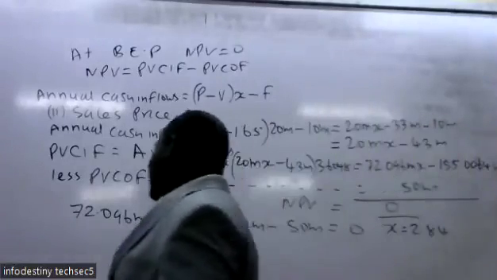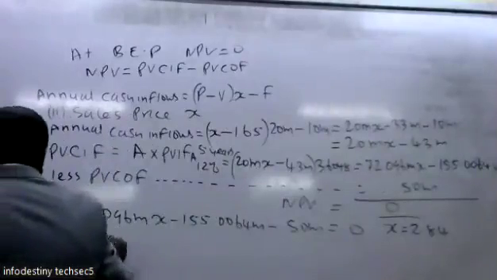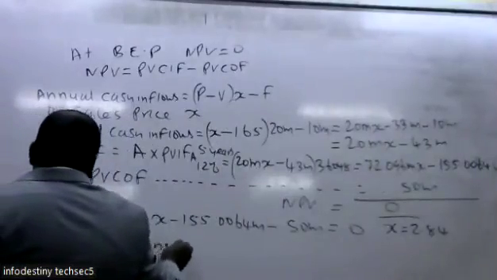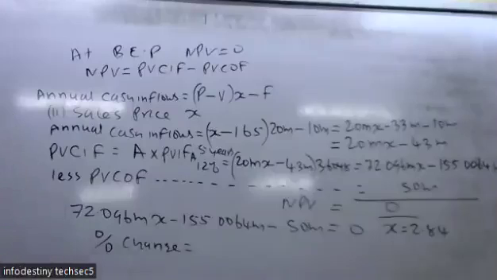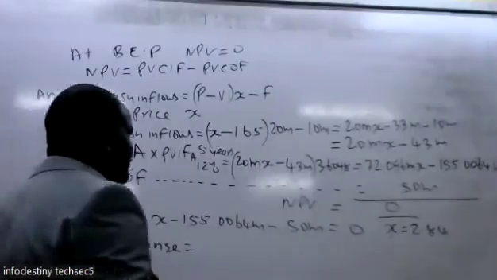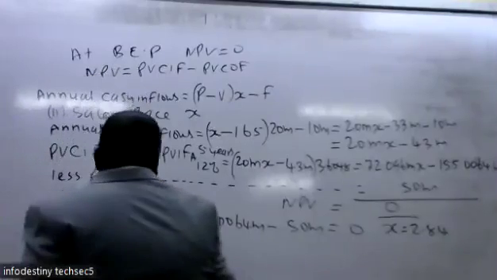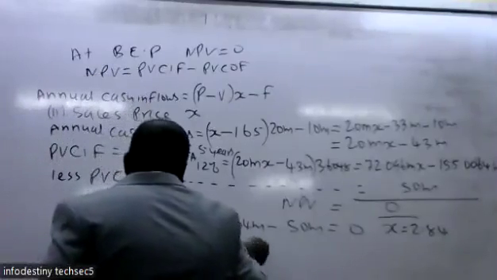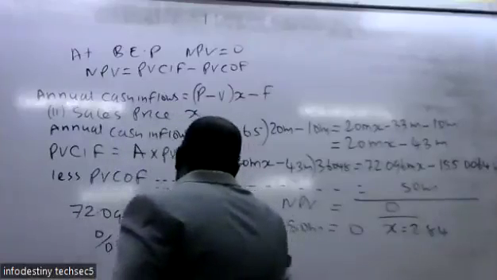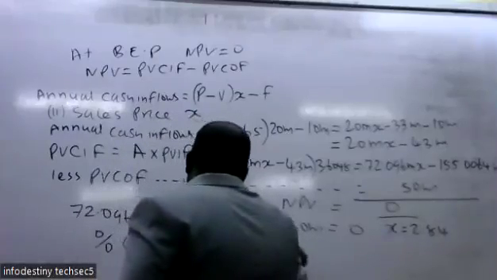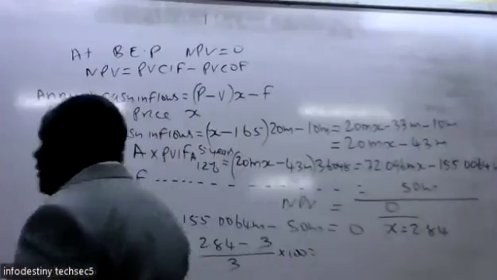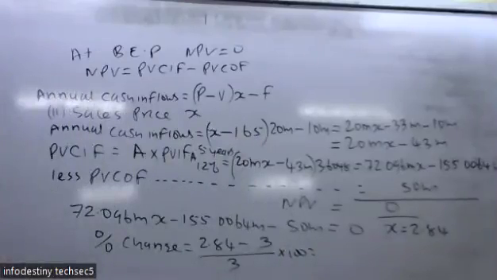So we want to get the percentage change in the variable, the selling price. We have gotten 2.84, but we have been given 3. Also divide by 3 and get the percentage change in that variable.